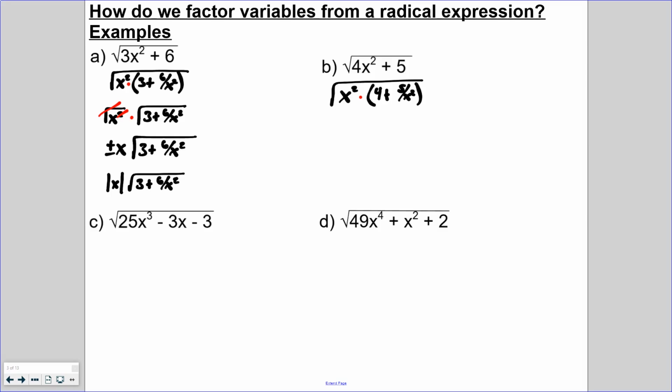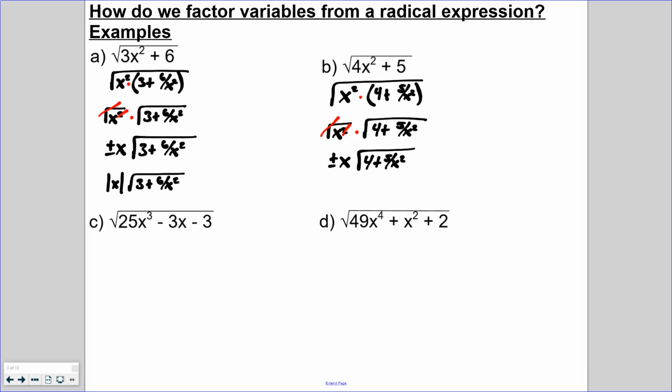And just like before, since it's multiplication, we can pull the radical apart to make it the square root of x squared times the square root of 4 plus 5 over x squared. And then just like before, the square root and the squared will cancel out, but that's going to leave us with a positive or a negative x value times the square root of 4 plus 5 over x squared.